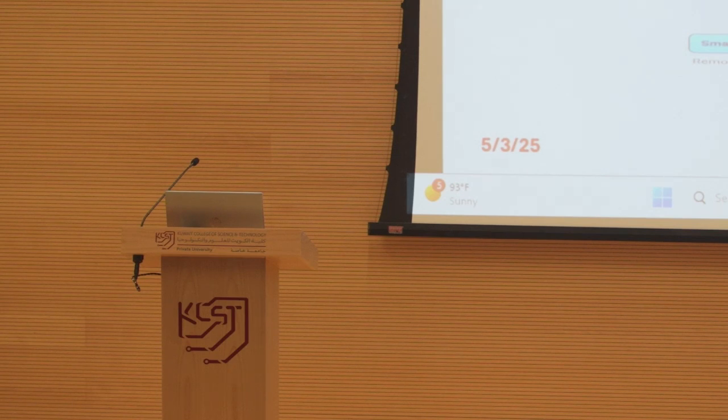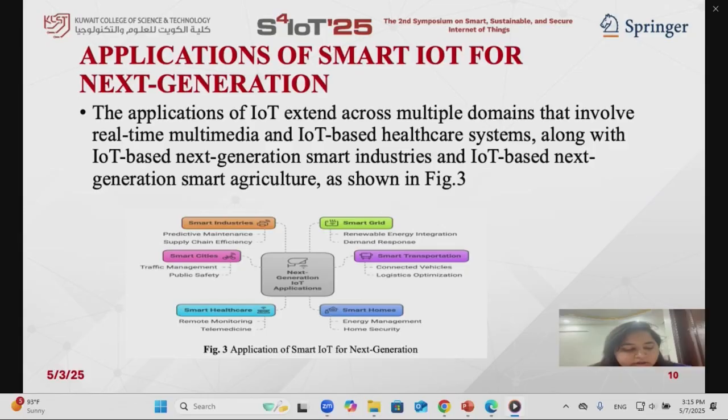The next one covers smart cities and the other applications used in them. Several sensor devices present a drawback when they malfunction because of their failure mechanism. Then smart homes are also an application for the next generation, where energy management is used and home security is managed.